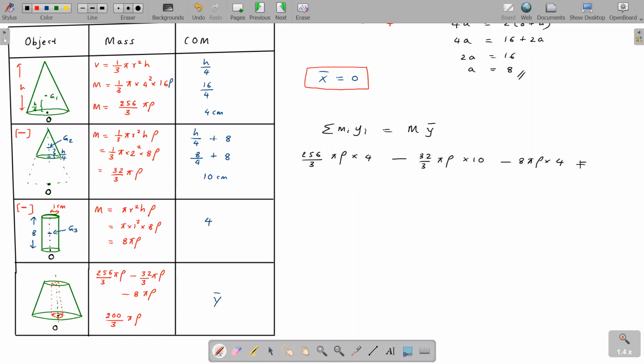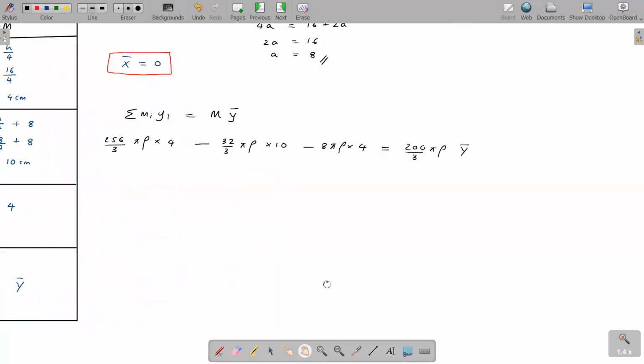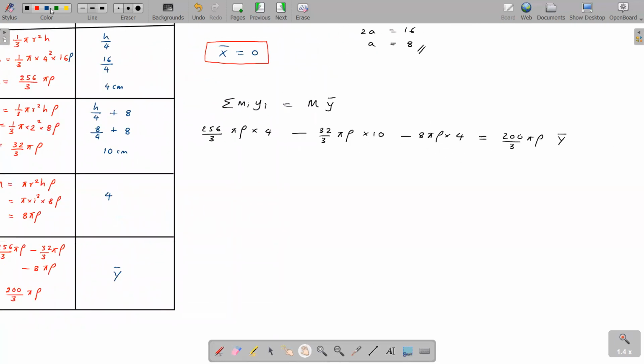So this is equal to the total mass, 200 over 3 pi rho, into y bar. We are trying to find y bar. All right, guys? Okay, so now time to simplify this. Everyone has pi rho. Remove pi rho, every single term here has that.